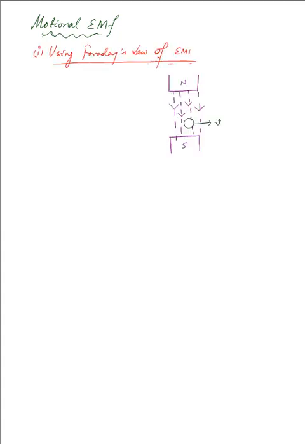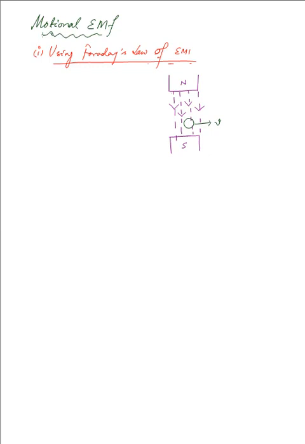So using Faraday's law, in the given figure we have an arrangement with a cylindrical conductor, and we are getting the top view of it. So we are only considering the flat surface of the cylinder at the top. It continues downward into the paper or into the screen.